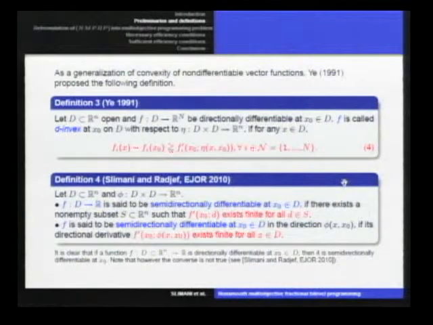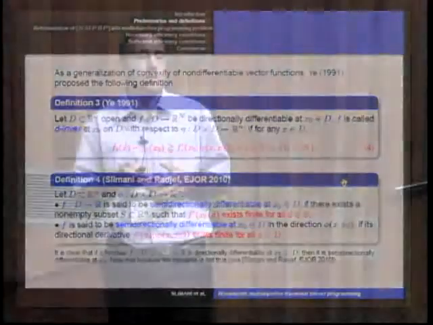We say that a function f is semi-directionally differentiable at x0 if there exists a non-empty subset S such that f'(x0;d) exists finite for all d belonging to S. It means that such functions are not necessarily directionally differentiable in all directions, but only in some directions.